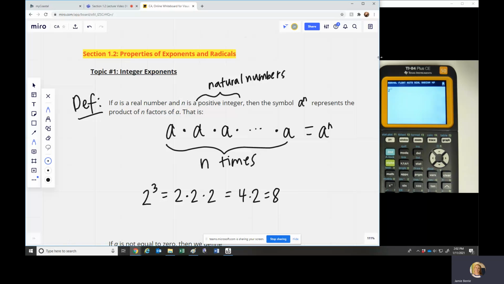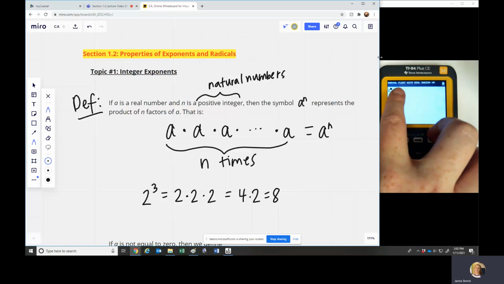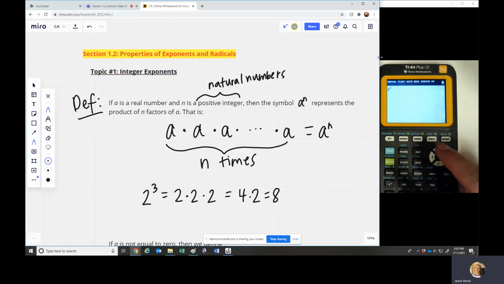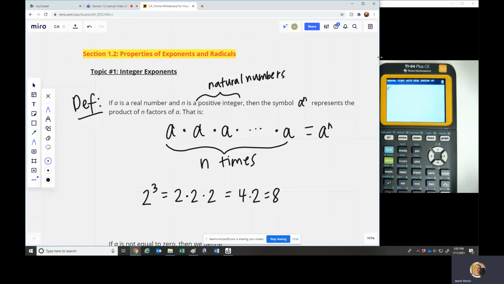I have a TI-84 Plus, so the syntax is a little bit different if you have a TI-83, but it goes up into the exponent there, and I can put the 3 there. Then I always like to arrow out of the exponent, so just arrow over 1 time, which takes you out of the exponent, and then hit enter. 2 raised to the 3rd power is 8.